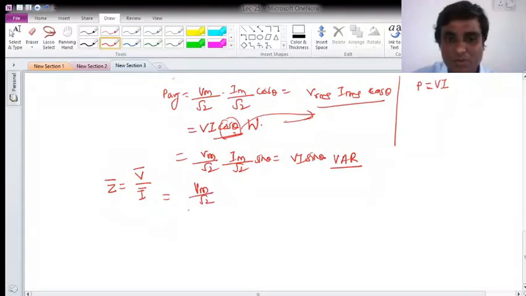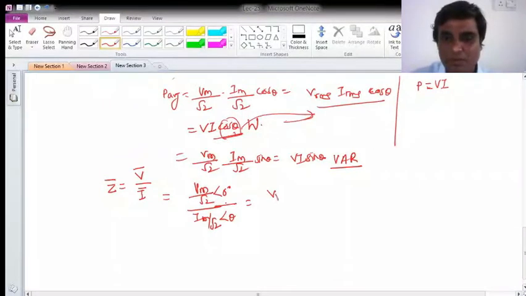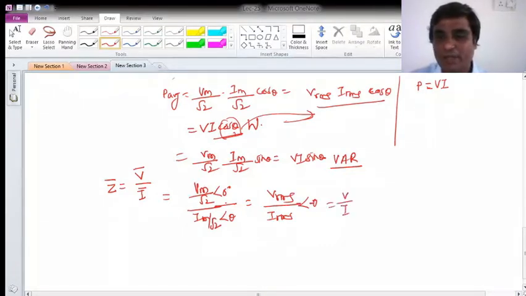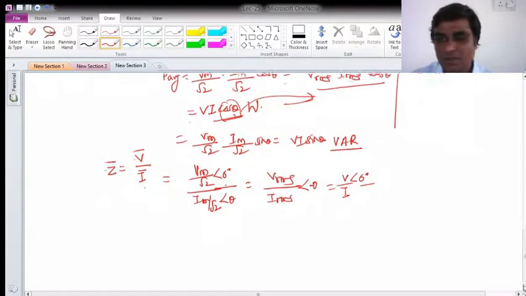So that will be angle 0 degree and here angle theta, so it will be Vrms upon Irms angle minus theta. That way also you can write, or simply VI, which indicates the RMS value.